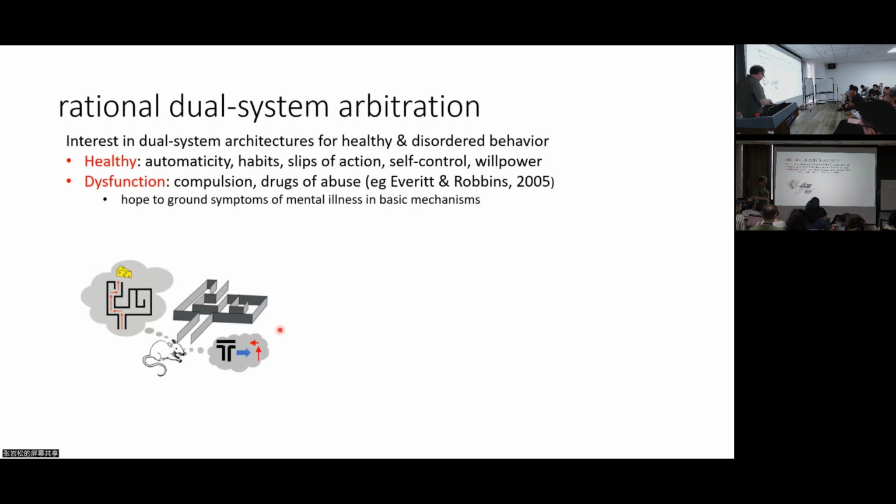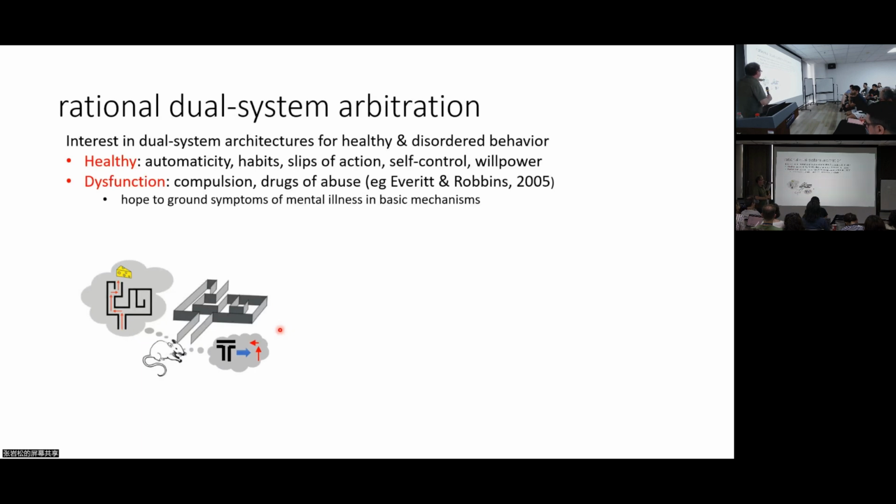compulsive disorders in psychiatry. One of the big questions in mental illness is that for the most part, the symptoms of mental illness aren't really grounded in brain mechanisms, or even psychological mechanisms. If you go to the doctor to get diagnosed with depression, they diagnose you by self-reporting a list of symptoms.